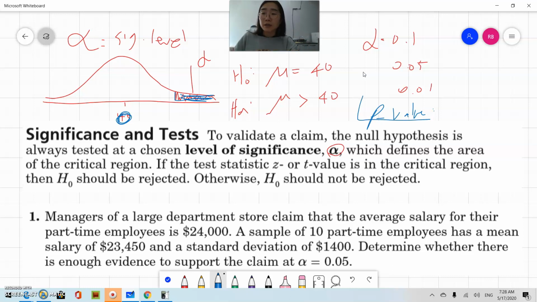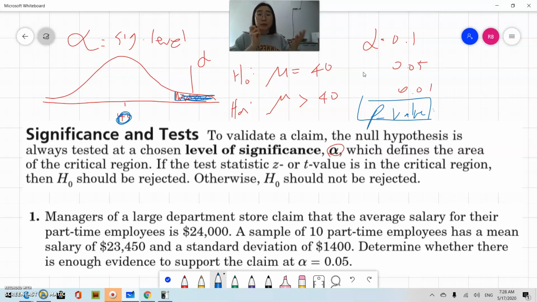But basically, the p-value is a conditional probability of the alternative hypothesis happening, assuming that the null hypothesis is true. So you already assume the null hypothesis is true, and ask how likely it is that the alternative hypothesis is also true, right?